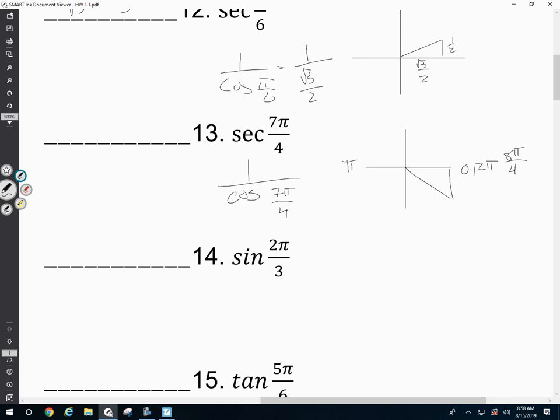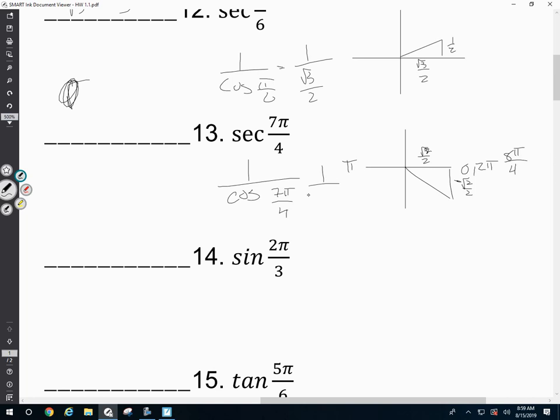Creating our 45, 45, 90 triangle, side lengths root 2 over 2 and root 2 over 2. This would be negative because I'm going down. This is positive. The cosine would be our adjacent side length, our horizontal side length, our positive root 2 over 2, which goes in the denominator.